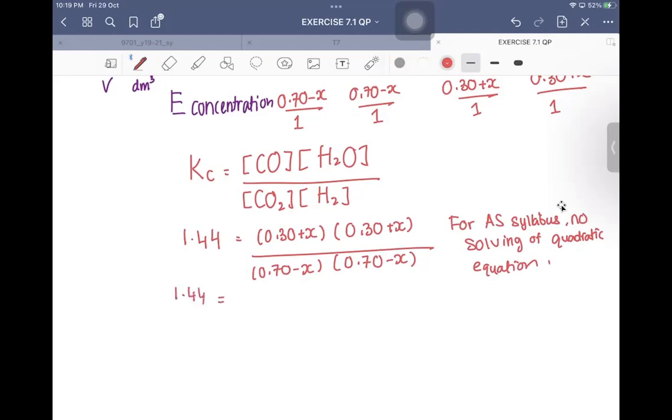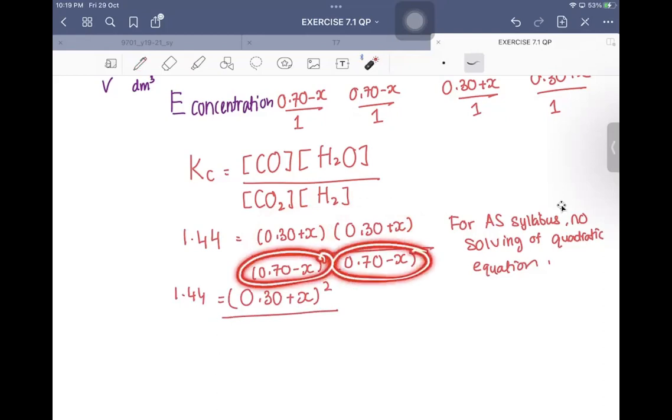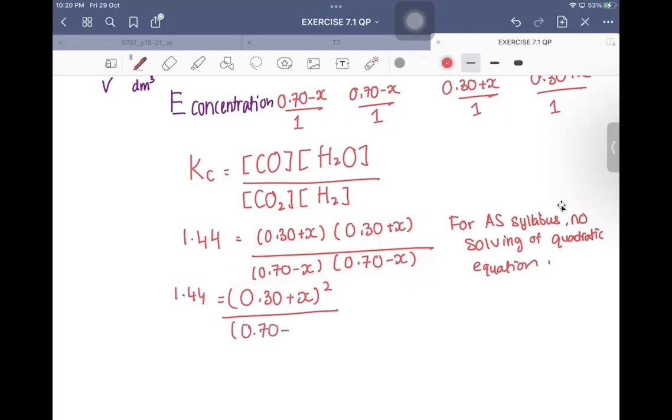you see this? 0.30 plus x times 0.30 plus x, that can be written down as 0.30 plus x squared over, again, 0.70 minus x times 0.70 minus x. You can simplify that to become squared. All right.